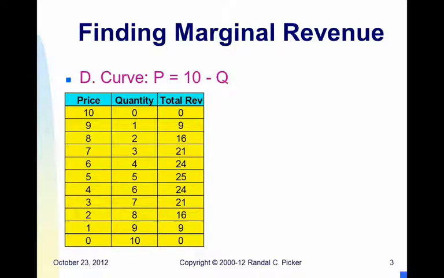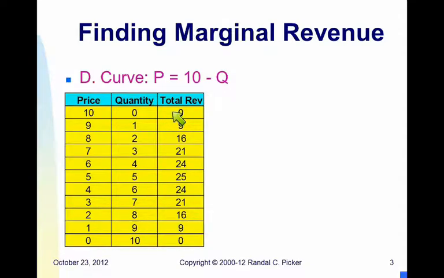So here's what we do: we take the demand curve, and we basically run through different prices for the good in question. And so at a price of 10, then I pop that price in. I can compute quantity from the demand curve. That's going to be 0. I can multiply price times quantity as I would in a spreadsheet.